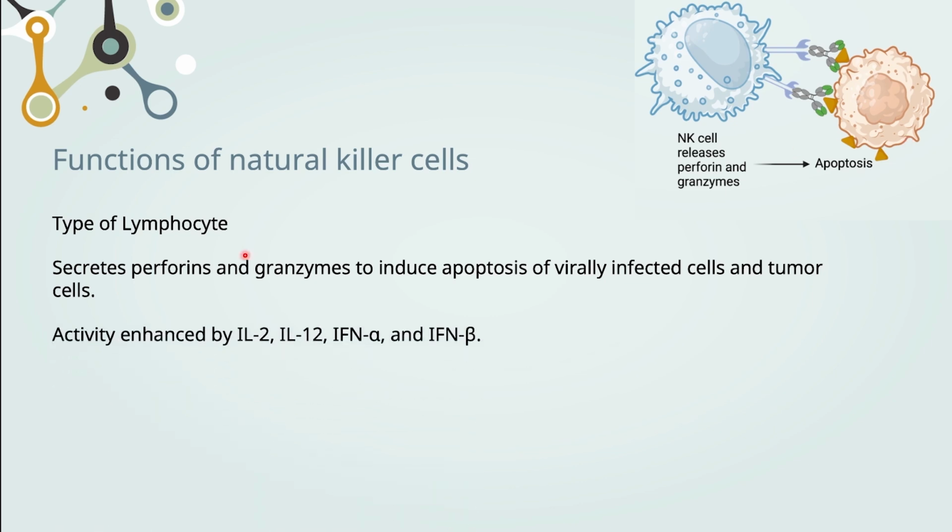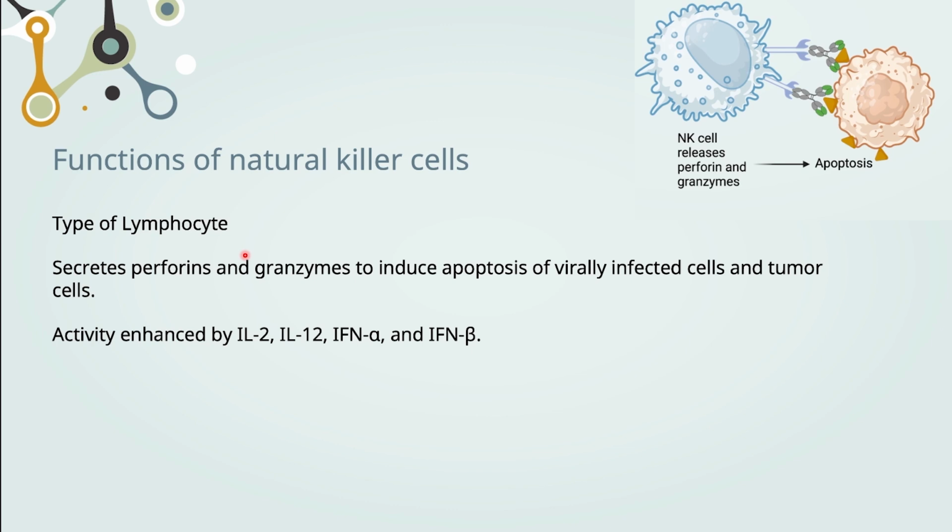Now, the activity of natural killer cells is enhanced by interleukin 2, interleukin 12, interferon alpha, and interferon beta. Now, these are super high yield information. From the exam point of view, how they will ask a question about this activity enhanced by these interleukins is that they'll give you a question of viral infection. They'll explain how a kid got virally infected. And then they will say that natural killer cells were able to destroy this virus infected cell.